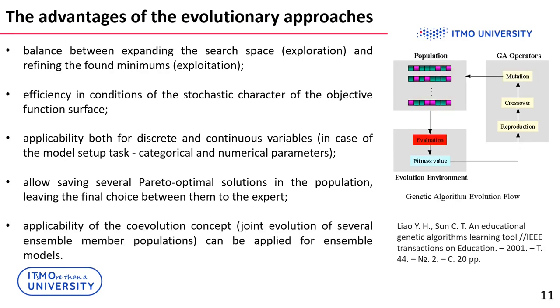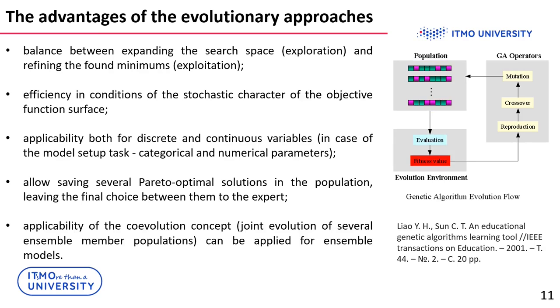Also, discrete and continuous variables both exist in the representation of the composite model structure, so our optimization method should be effective for both types. The evolutionary approaches are well suited for the search of Pareto optimal solutions for the multi-objective case that can be obtained from the formulation with separate quality metrics and structural complexity metrics.